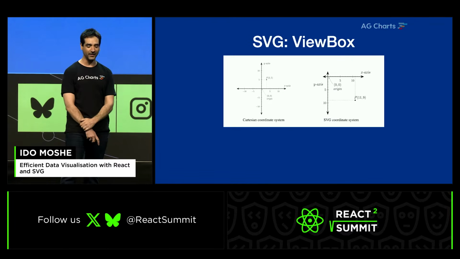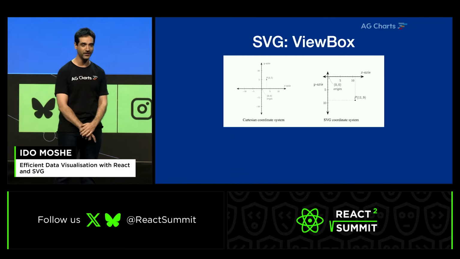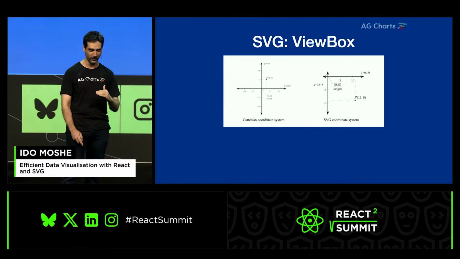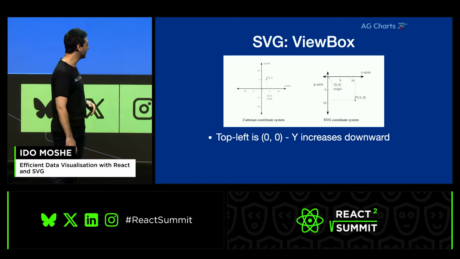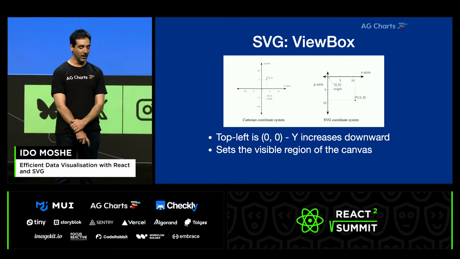But in computer science, the origin point is usually at the top left corner of the screen, with the y-axis values increasing as we go downwards. Just keep it in mind as we go over the examples, so as not to cause any confusion.